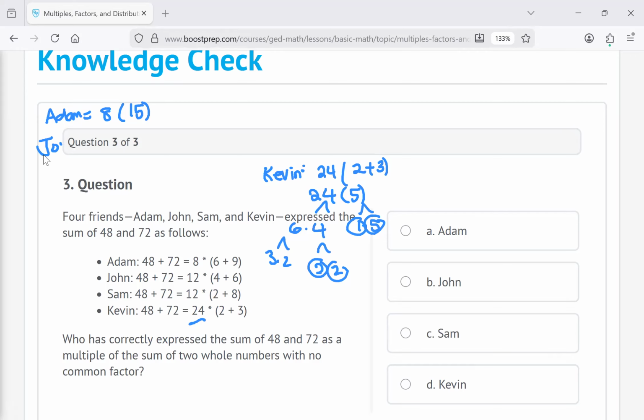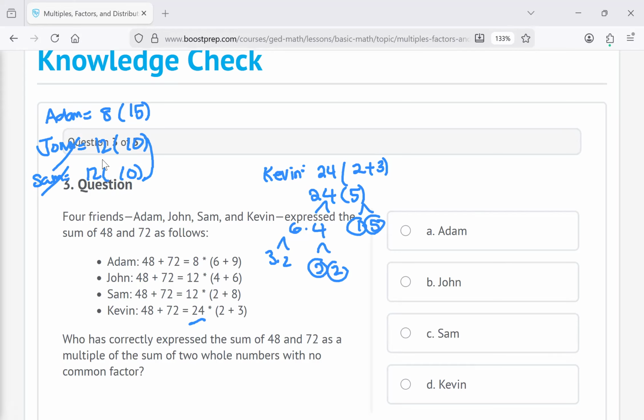John was 12 times, and then 4 plus 6 is 10, and then Sam was 12 times, and 2 plus 6 is 10. So as you can see, John and Sam are practically the same. That's why we don't use John and Sam.